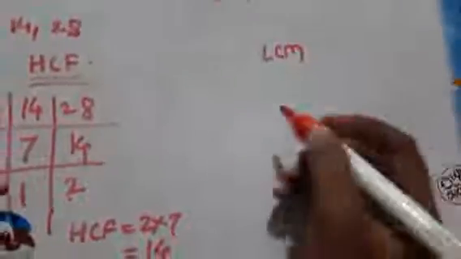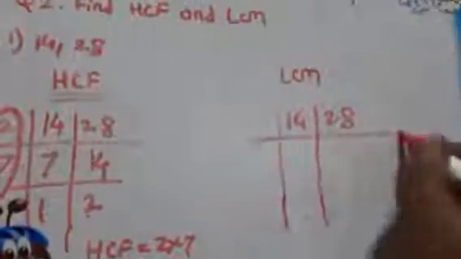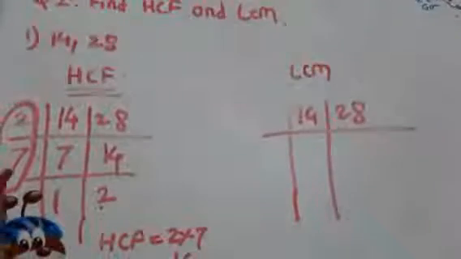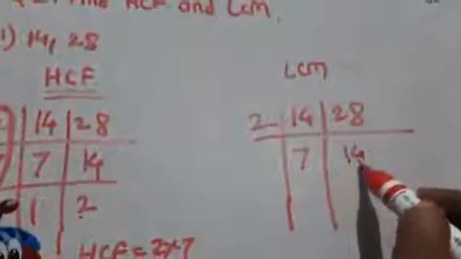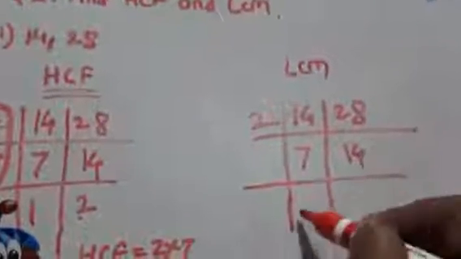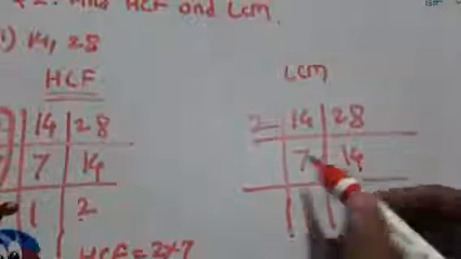Next we will see LCM for both numbers 14 and 28. For LCM, we consider common factors as well as the remaining prime factors. So here again we can take 2. 2 sevens are 14 and 2 into 14 is 28. Again here we can take 7.